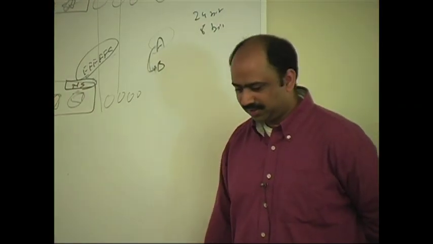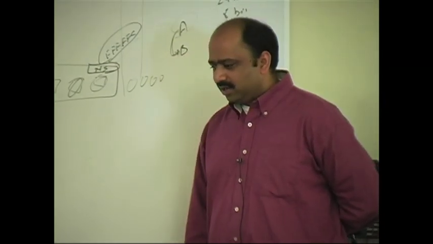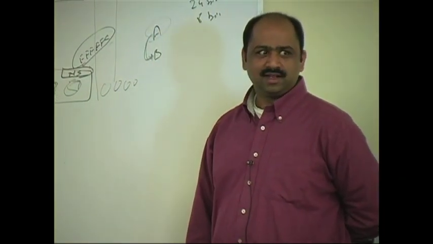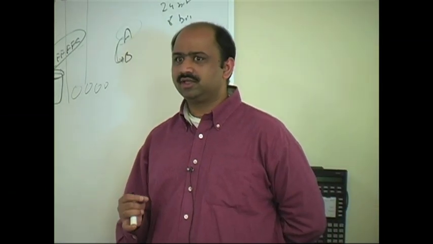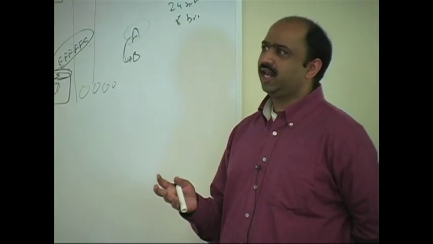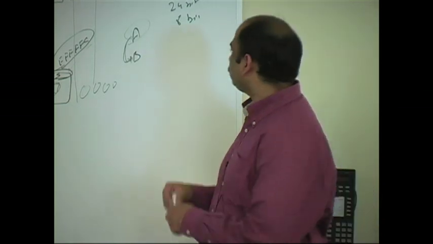Very good question, actually. There are problems in that area. So basically the switches have something called a G port or GL port, which is a generic port or generic port with loop capabilities.